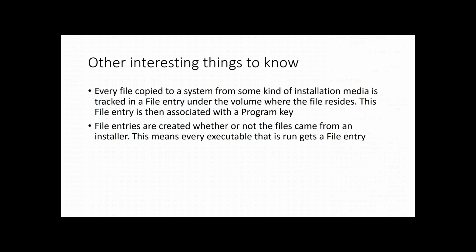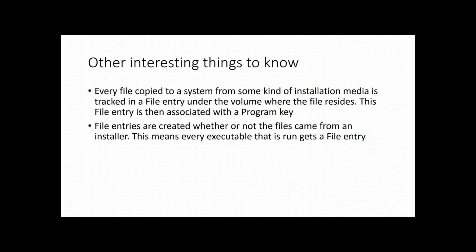Okay, so the file entries, as I mentioned, will end up in there in the file entry subkeys, but not always just from a program, right? If we just get a standalone executable and run it from the temp directory, we'll get an entry in there as well. And those are the ones that we're more interested in initially, the stuff that came from outside of an installer, for example, which would be potentially more trusted.